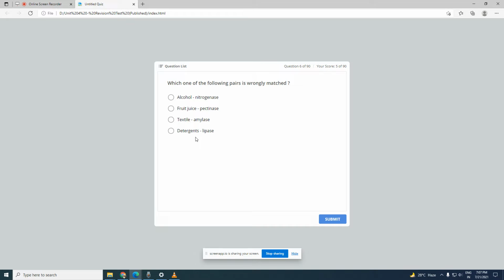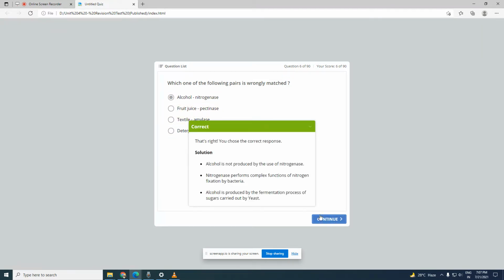Except one pair, all those three pairs are right. So which is the wrongly matched pair? It's alcohol and nitrogenase. It is the wrong pair.